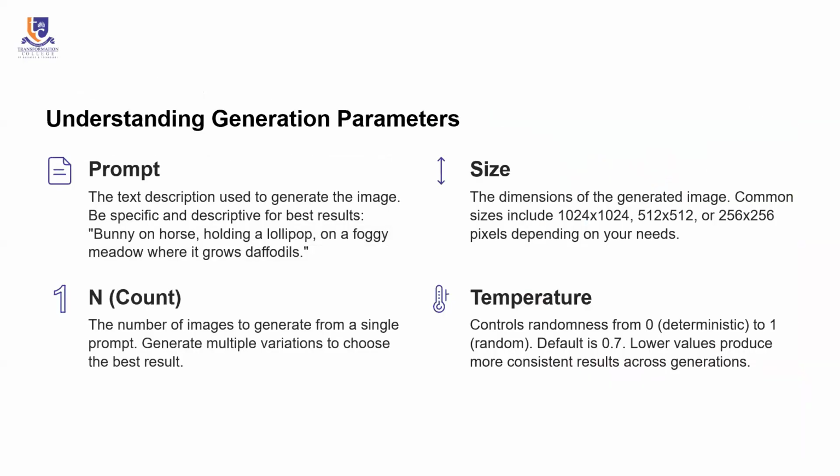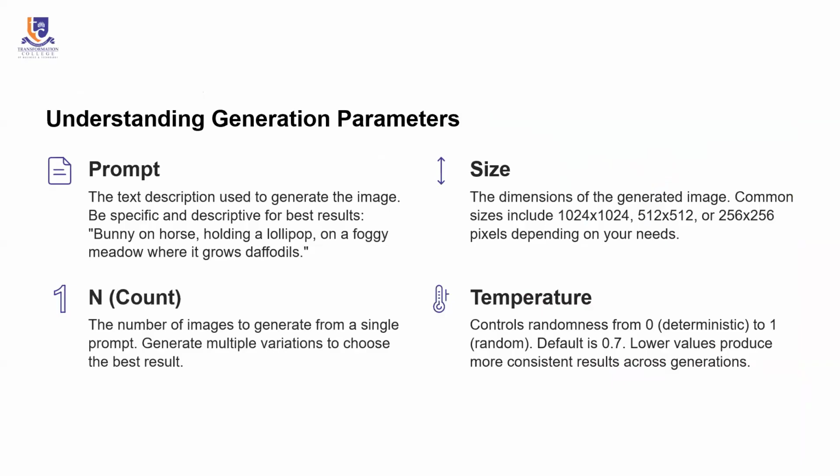So we need to understand what the generation parameters are. We have a prompt, which is a key variable in our generation scheme. This is the text that describes what image we want to generate. We need to be specific and descriptive for the best result.